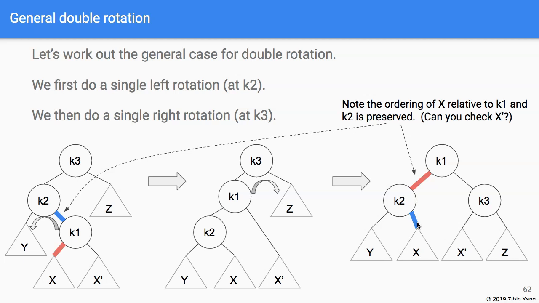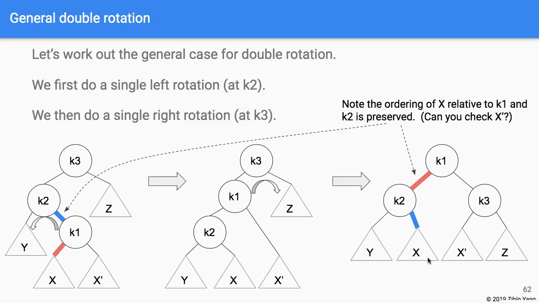And now let's just do a sanity check, right? Let's make sure X is still in the right place. So if we look at where X is before relative to K2, X is smaller than K2 because we get to X by going down on the right. I mean, sorry, X is bigger than K2 because we get to X by going down on the right side of K2.